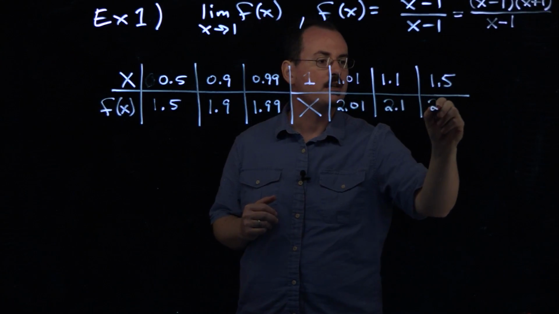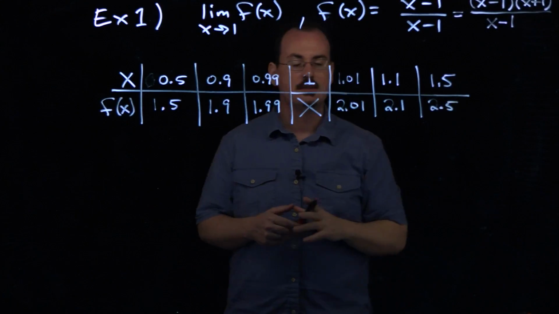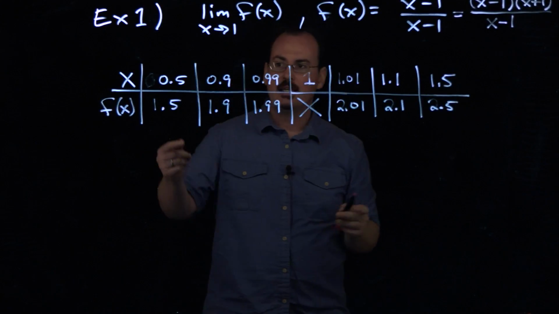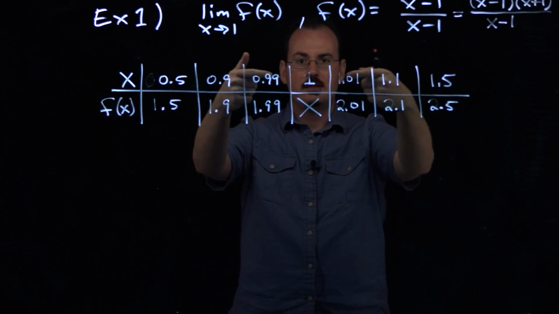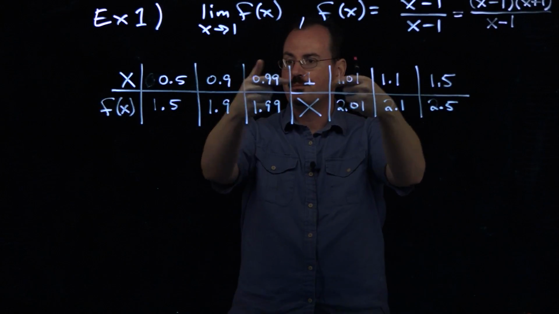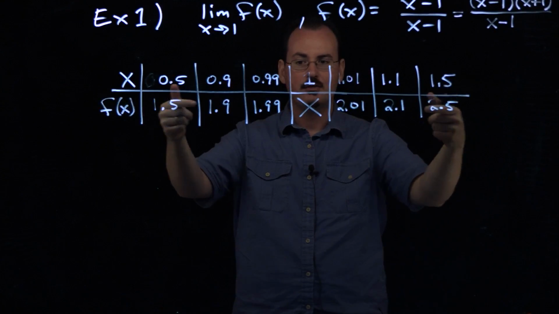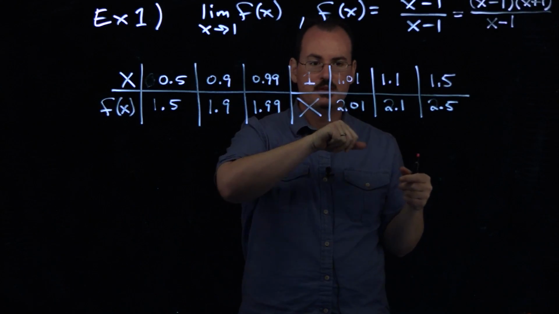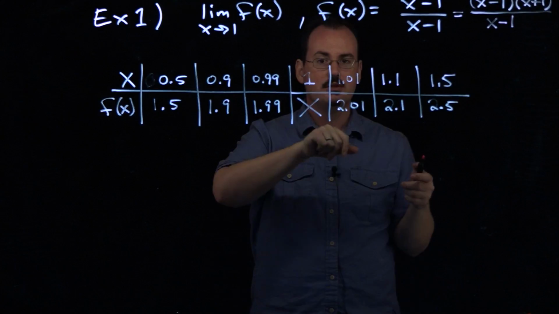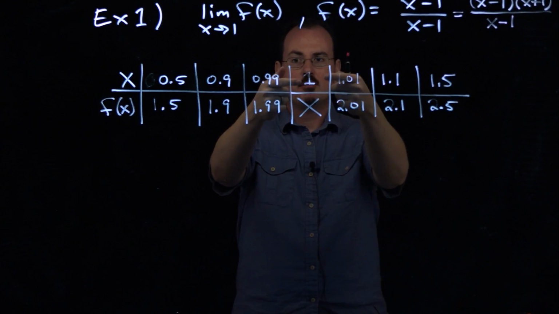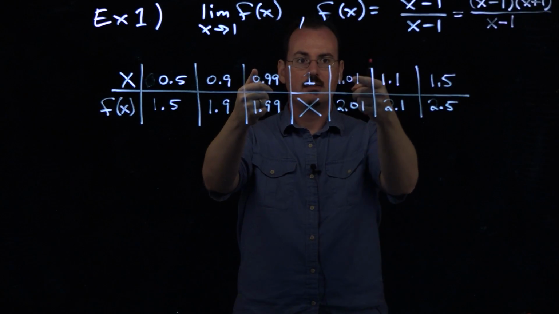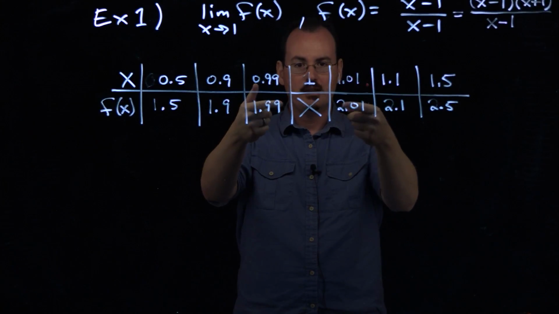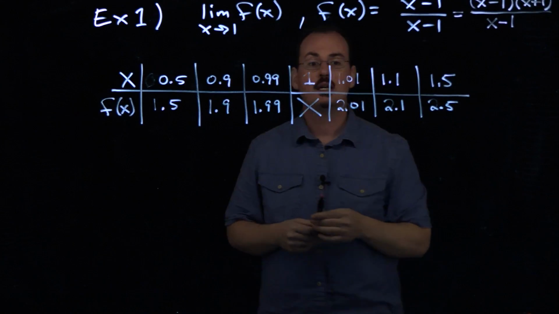So what we need to notice here is that the closer that I get on either side to 1 on the x values, the closer that my y values seem to be getting to the number 2. 1.99 here, 2.01 here. Pretty close to 2. In fact, if I were to get even closer to the number 1, like put 0.999, 1.001, we'd find that the output values are yet closer to 2.